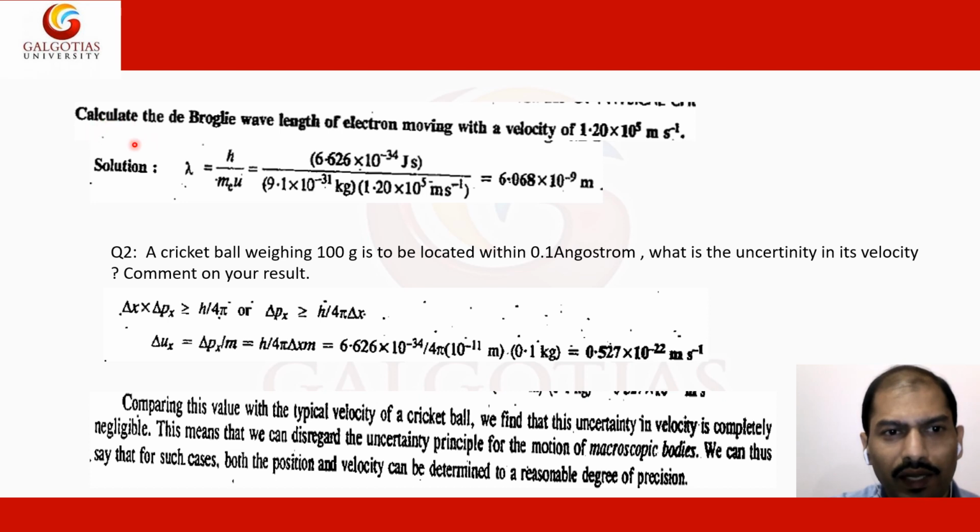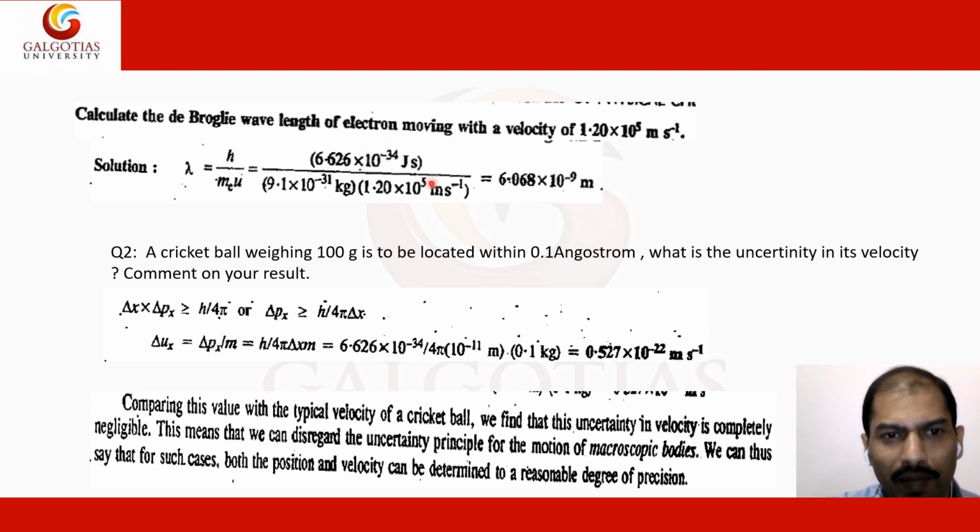So you all know there are examples. For example, calculate the de Broglie wavelength, because from what we have discussed so far, there are a number of problems related to the direct relationship. There is lambda, the de Broglie equation, that is h upon mv. Here h, the Planck's constant, is in joule second, as you might be aware.